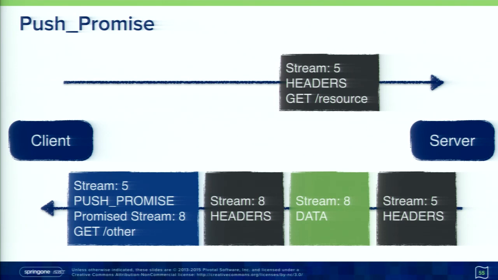For this, the server can send a push promise in stream 5, saying, I will send you another stream, which number would be 8, and I'll send you this resource. After that, the server can just send the response itself for that other resource, and can send stream number 5 as well. So that's a way to have several responses for one request.